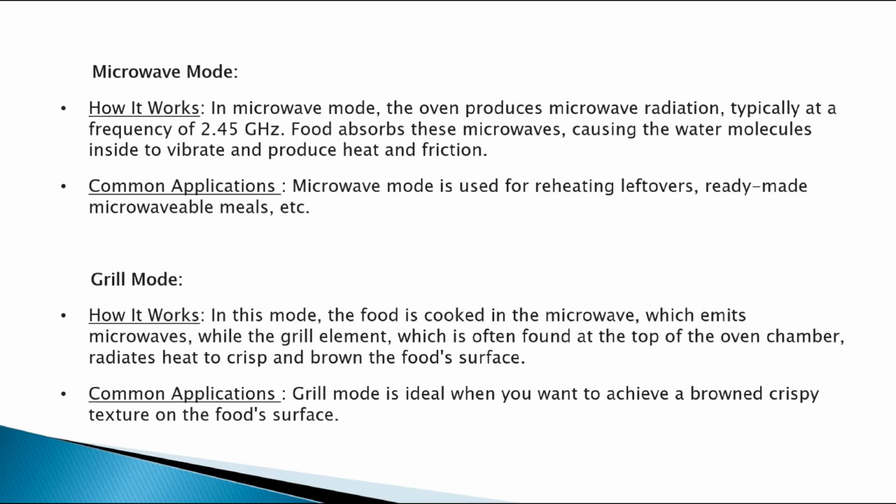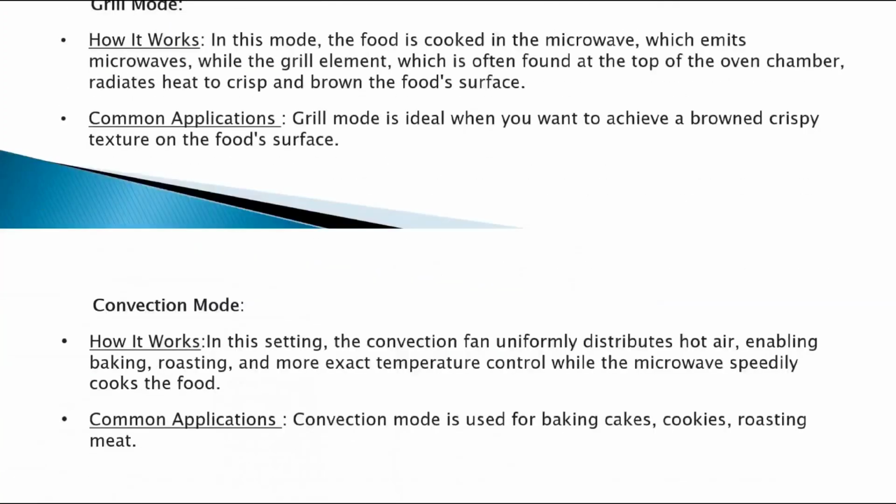Now, onto the grill mode. In this mode, the food is cooked in the microwave, which emits microwaves, while the grill element, which is a coil often found at the top of the oven chamber, radiates heat to crisp and brown the food surface. Grill mode is ideal when you want to achieve a browned, crispy texture on the food surface.